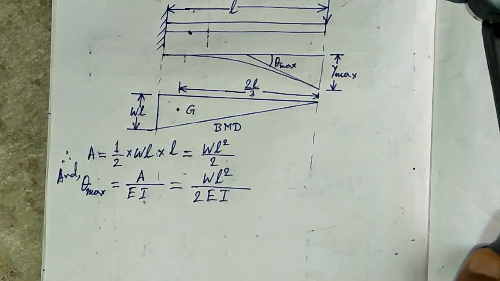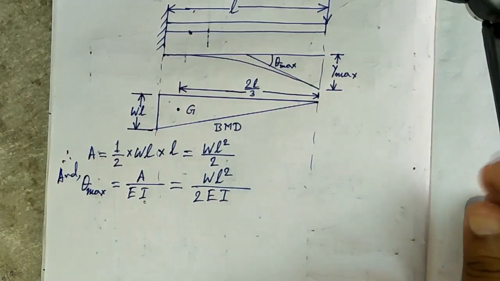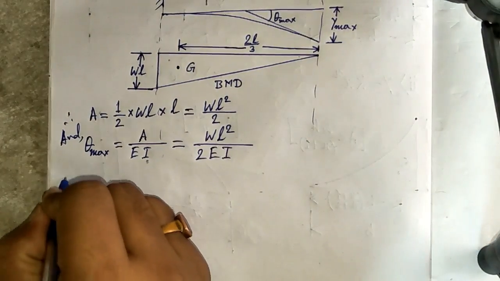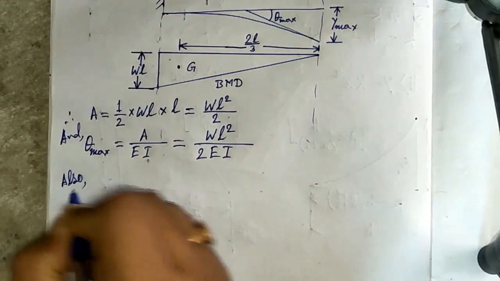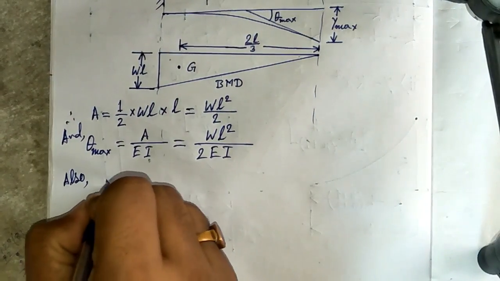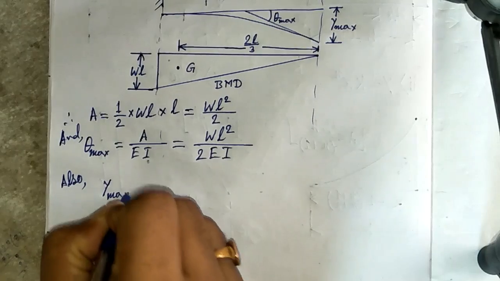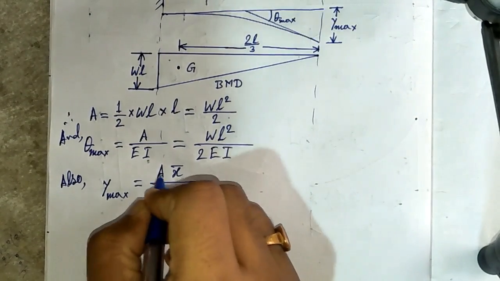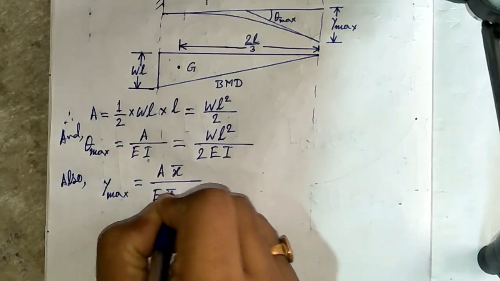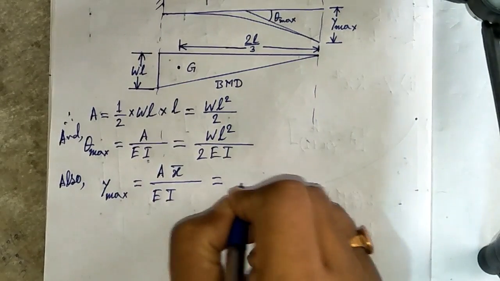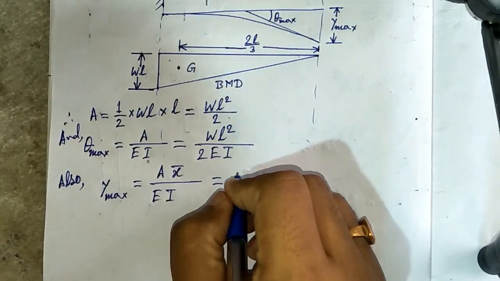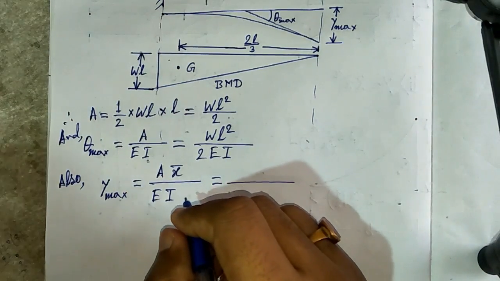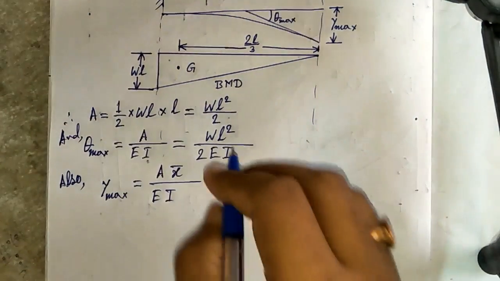Now for the maximum deflection, we know that y max equals A into x bar by EI, where x bar is the distance of the CG, which is 2L by 3, and the area is WL square by 2.